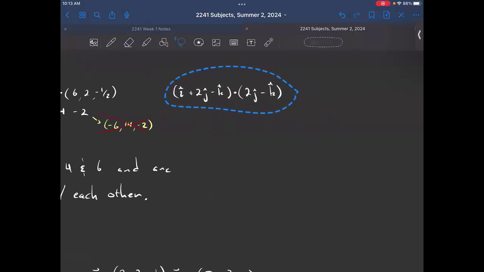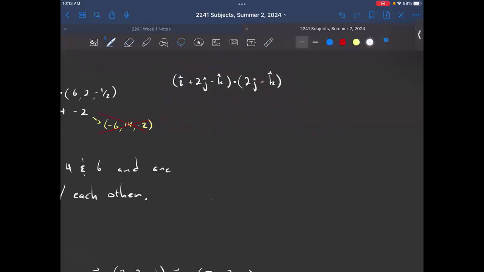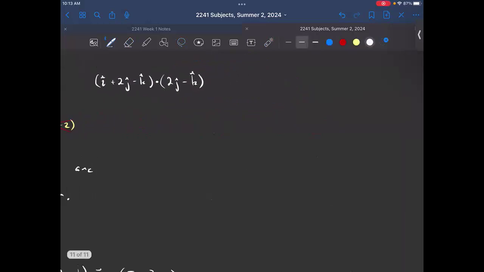But now things are written in IJK form. And I actually want to do this one a little bit differently. So we have IJK here, and I want to propose that we can sort of treat this like polynomial multiplication.